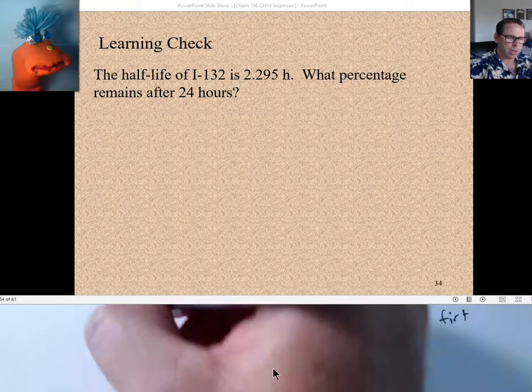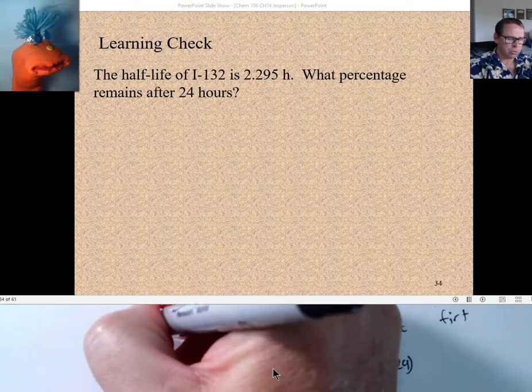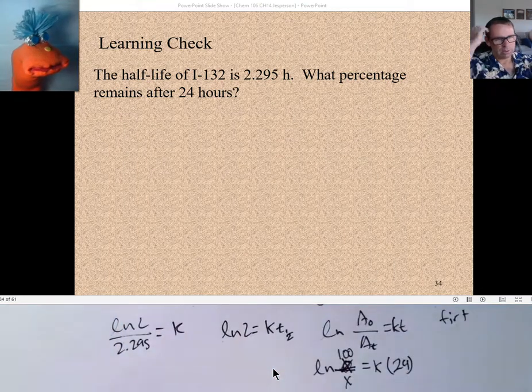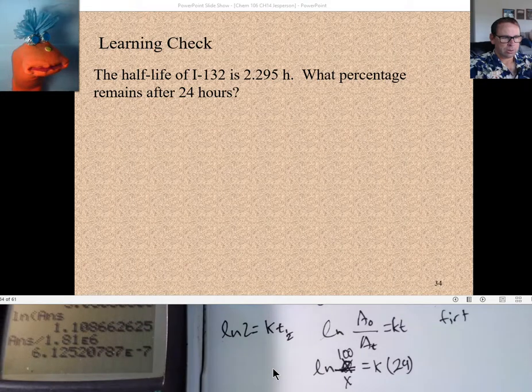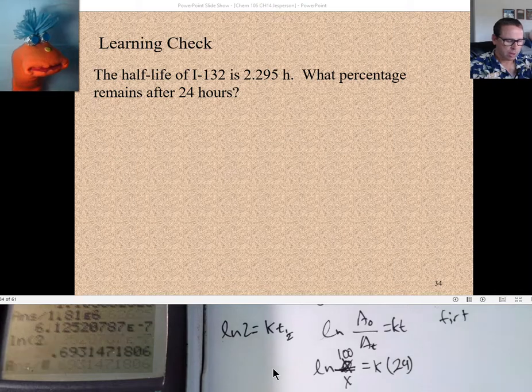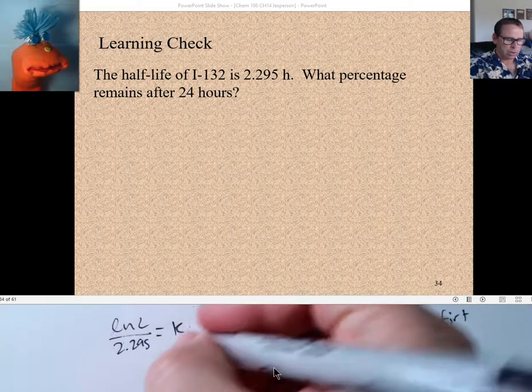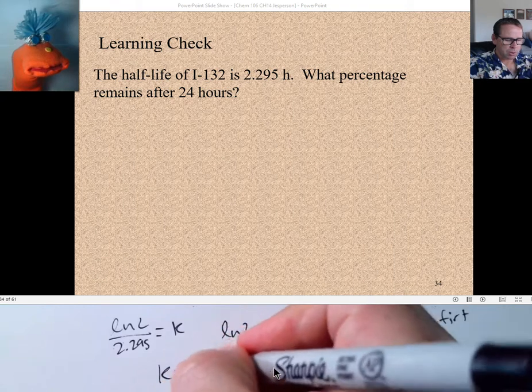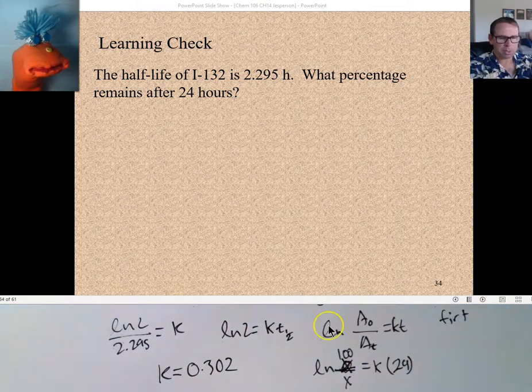So here we're going to have the natural log of 2 divided by 2.295, which is our half-life, and that is going to equal our k. Natural log of 2 divided by 2.295, 0.302. So k equals 0.302.